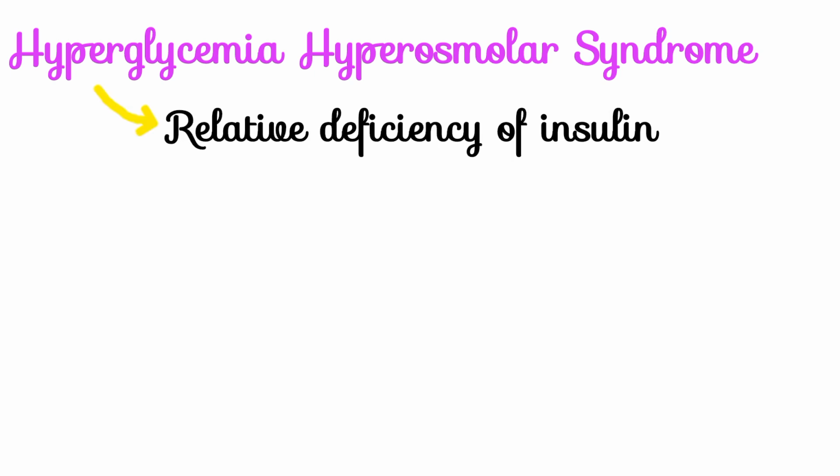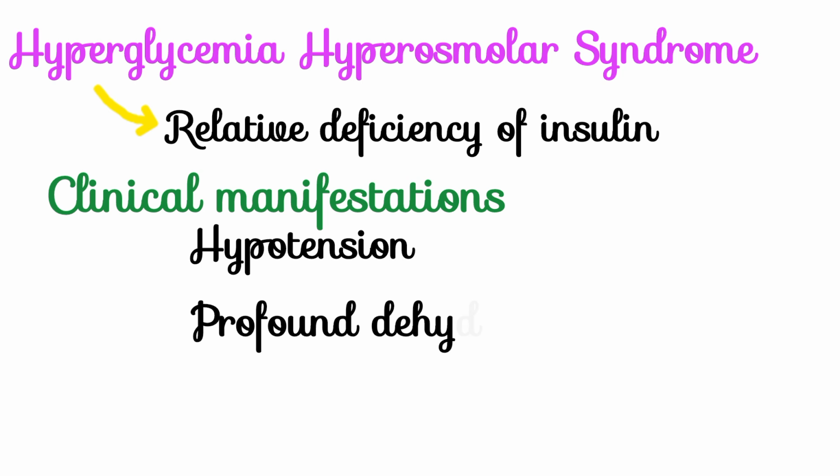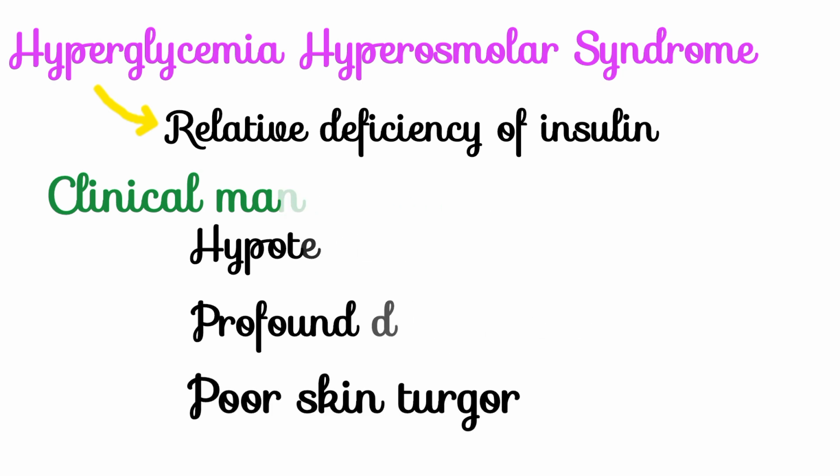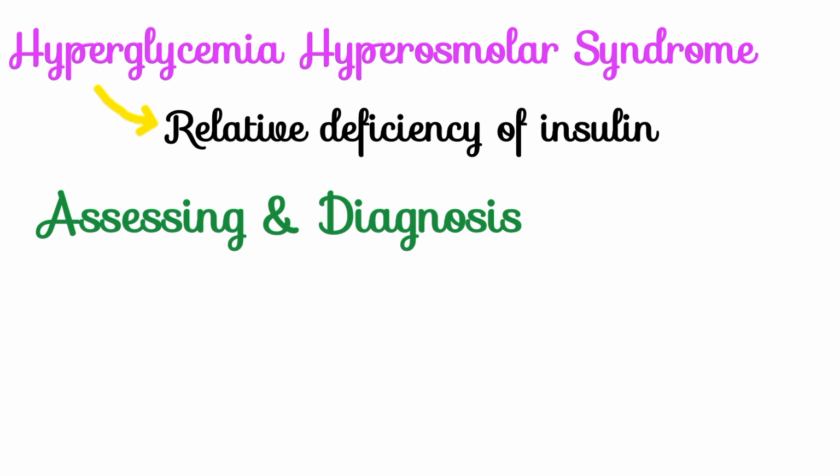Hyperglycemic hyperosmolar syndrome. It is a metabolic disorder of type 2 diabetes mellitus, which is caused by a relative deficiency of insulin. Clinical manifestations are hypotension, profound dehydration, and poor skin turgor. For assessment and diagnosis, we have to assess blood glucose level.